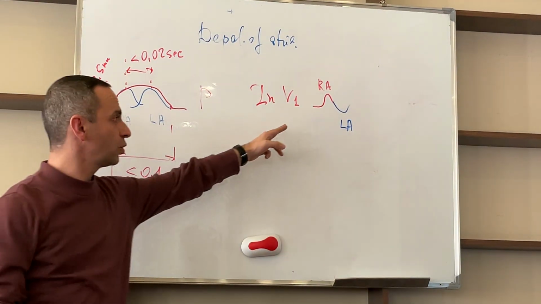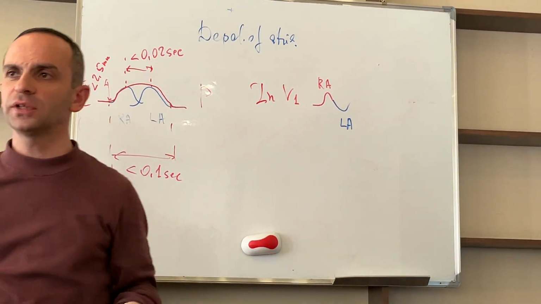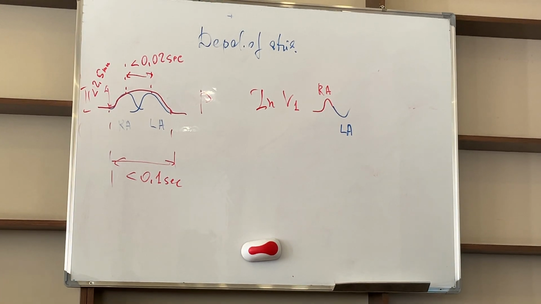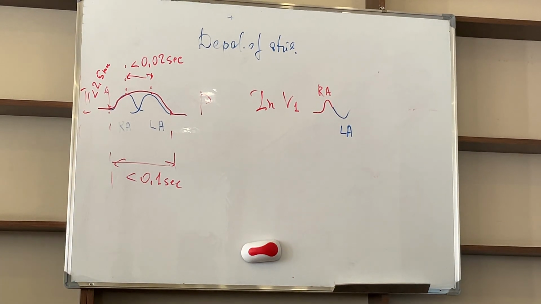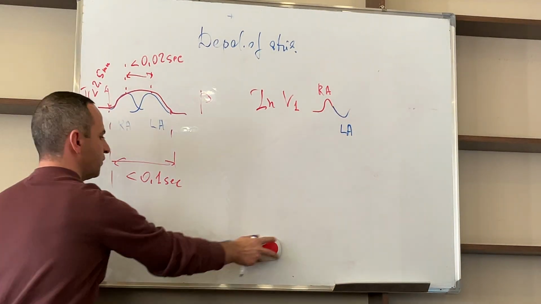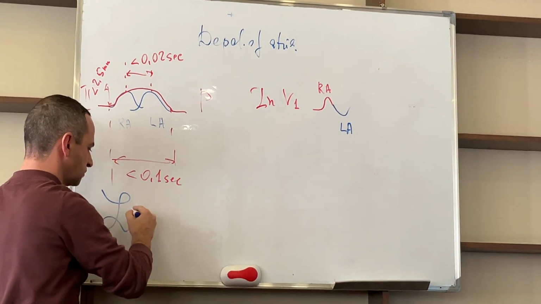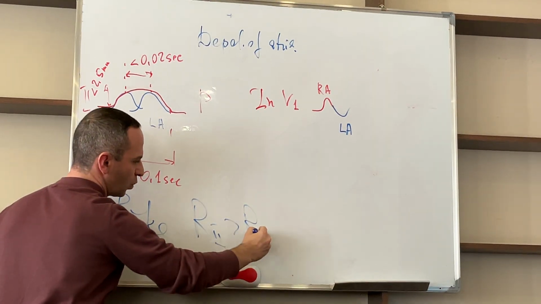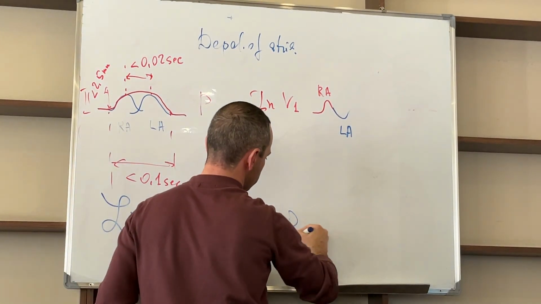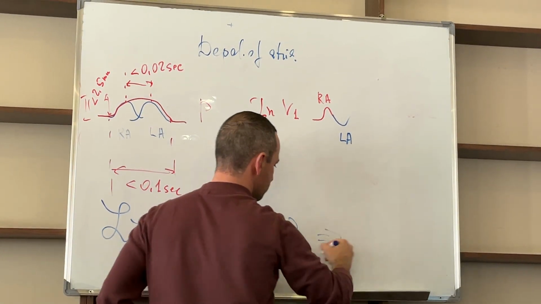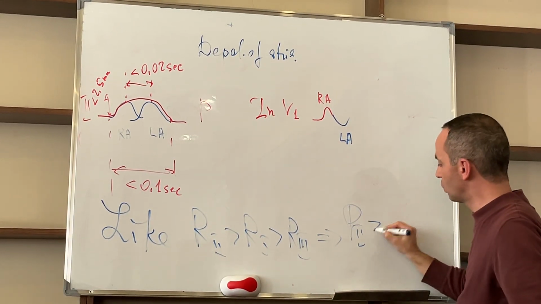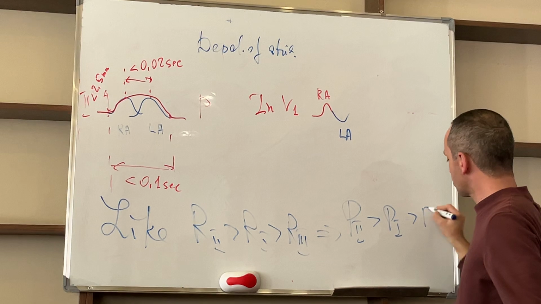This is the right atrial or positive component. The second one is called the negative or left atrial component. If you remember, R2 was greater than R1, greater than R3. Analogically, P2 is greater than P1, greater than P3.